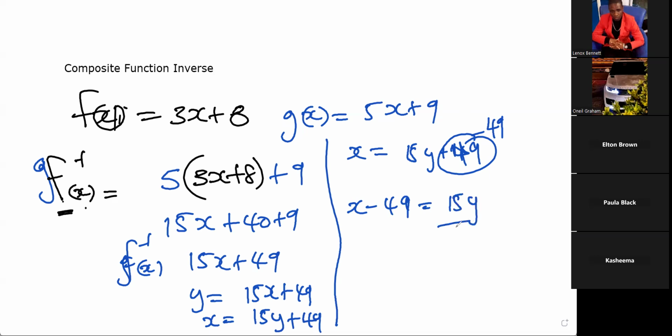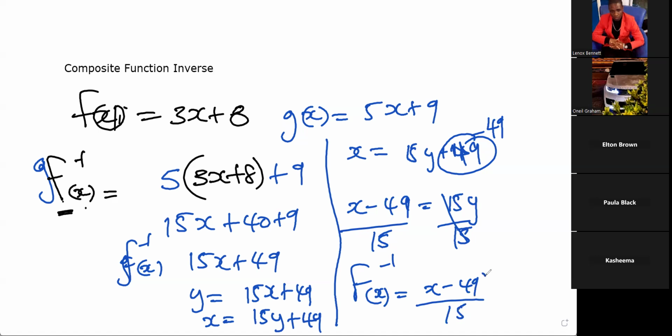And then the final step, divide by 15. So the inverse of f would be x minus 49 over 15.